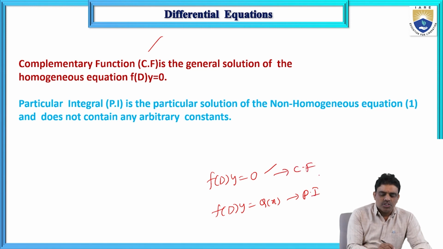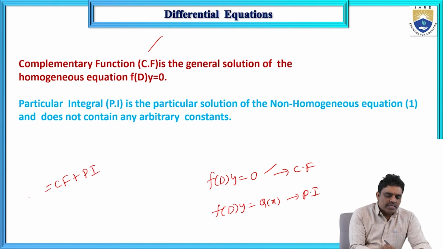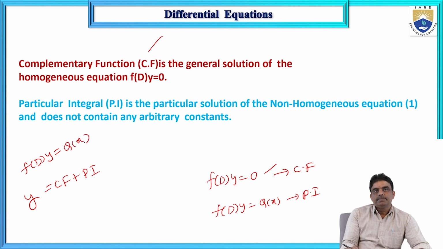The combination of these two, that is CF plus PI, will be the general solution of the equation f(D)y = Q(x).